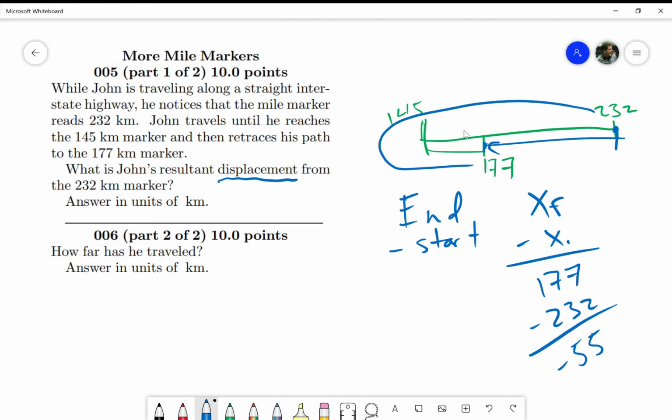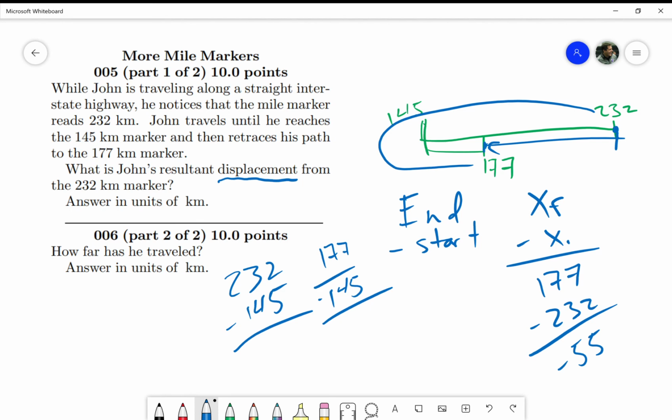So distance we're going to just do 232 minus 145, and we're going to do 177 minus 145. Whoops, that's a minus. We don't care about the positive and negatives. We're going to add them together later.